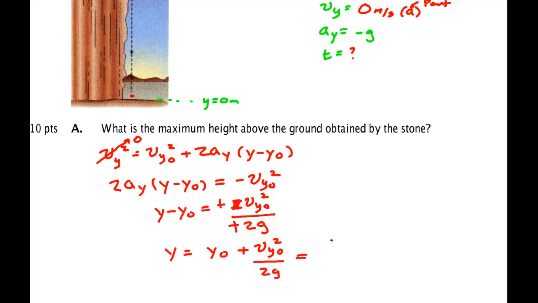Putting in some numbers here. We have 75 meters for y naught, plus 23 meters per second squared, divided by 2 times 9.8 meters per second squared.